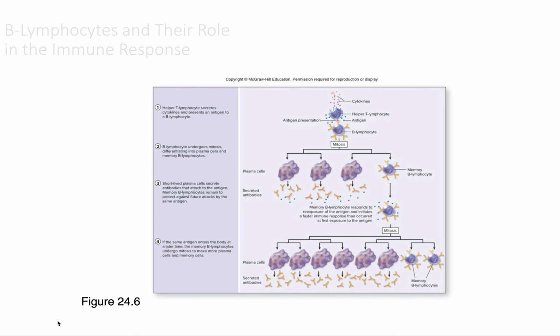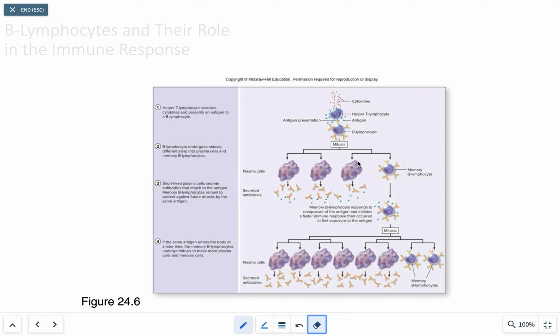So this diagram is going to show us a little bit more about the T lymphocytes. Probably the most important aspect is the fact that B lymphocytes make up about 15 to 30% of the body's total lymphocytes, and they contain antigen receptors to only one antigen and produce antibodies.